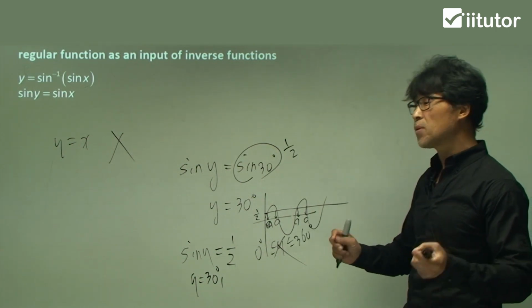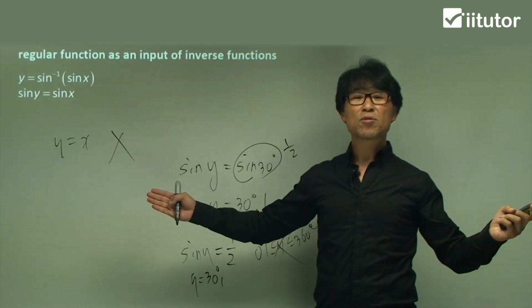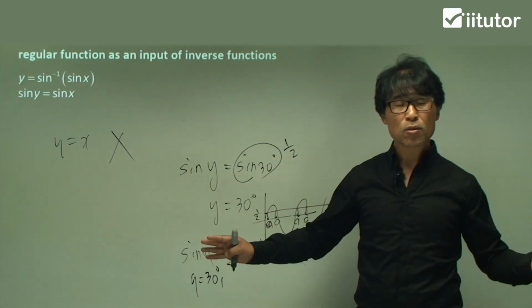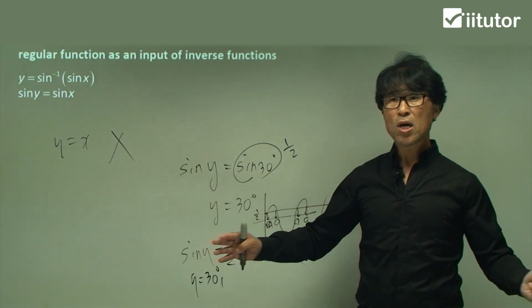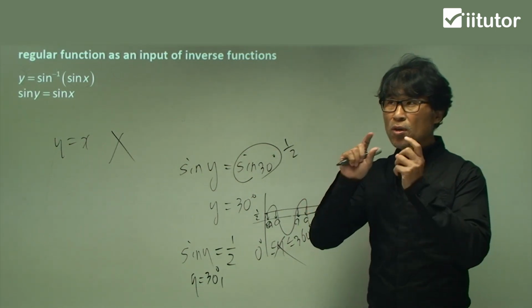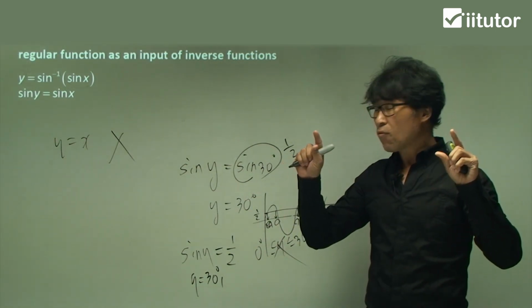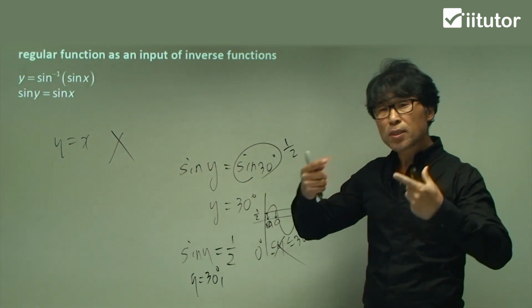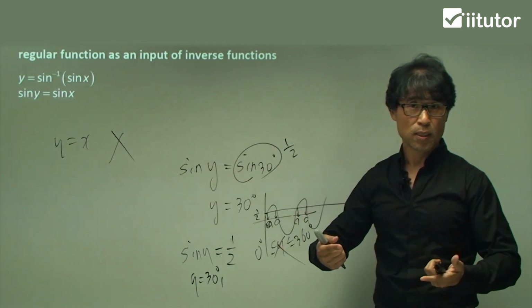General solution means an unlimited number of solutions. We cannot list all of the solutions, so we have to set a formula or mathematical expression to represent all of the solutions here.